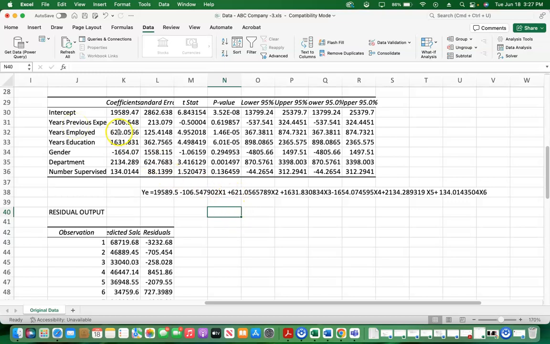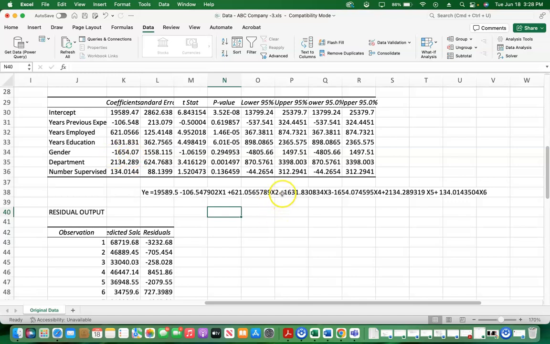We have 61.06, which is this one here, and that is the slope for x2, and x2 is years employed. We have also this one for x3, which is years of education. Now, gender gave us minus this value.